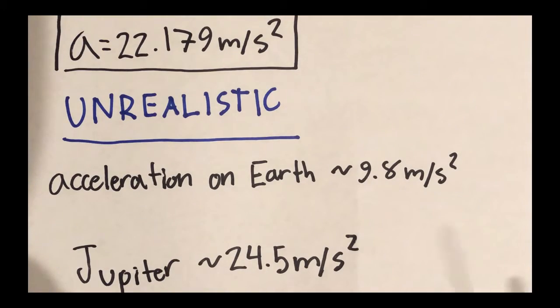We can thus determine that the acceleration in Minecraft on average is 22.179 meters per second squared.